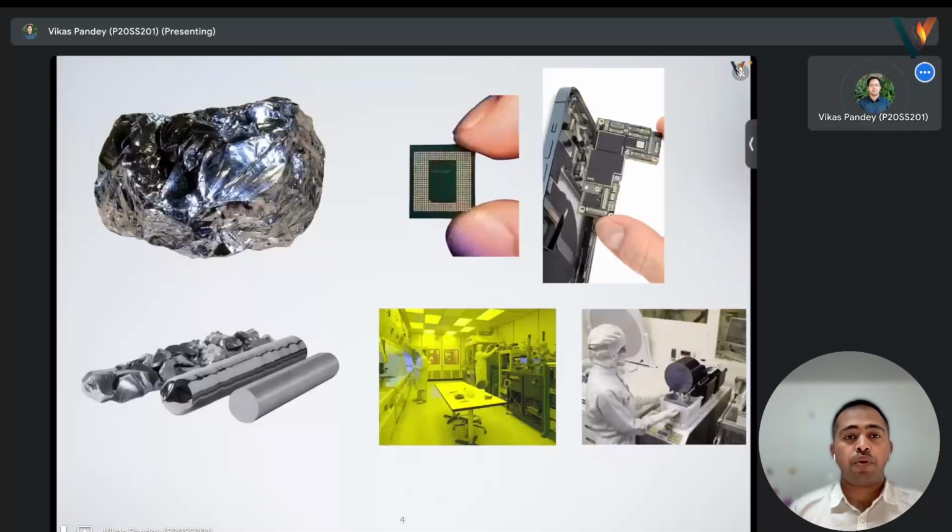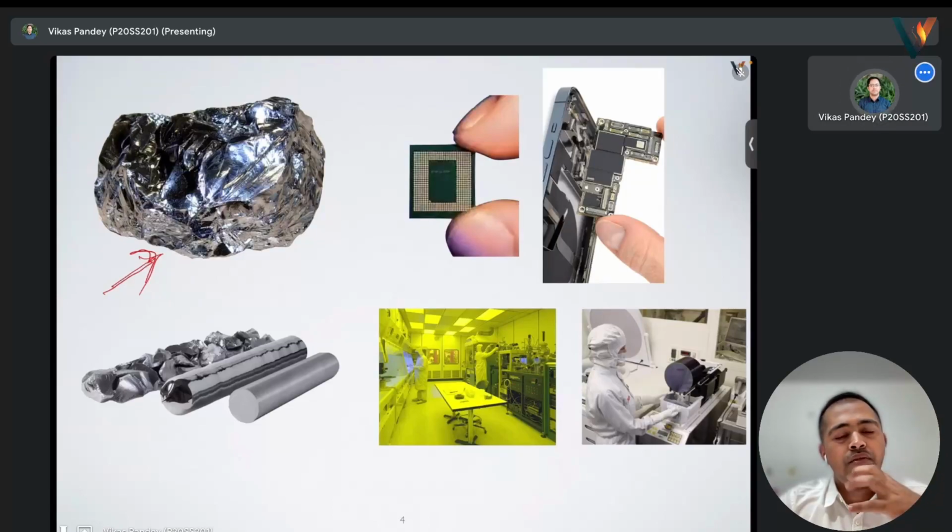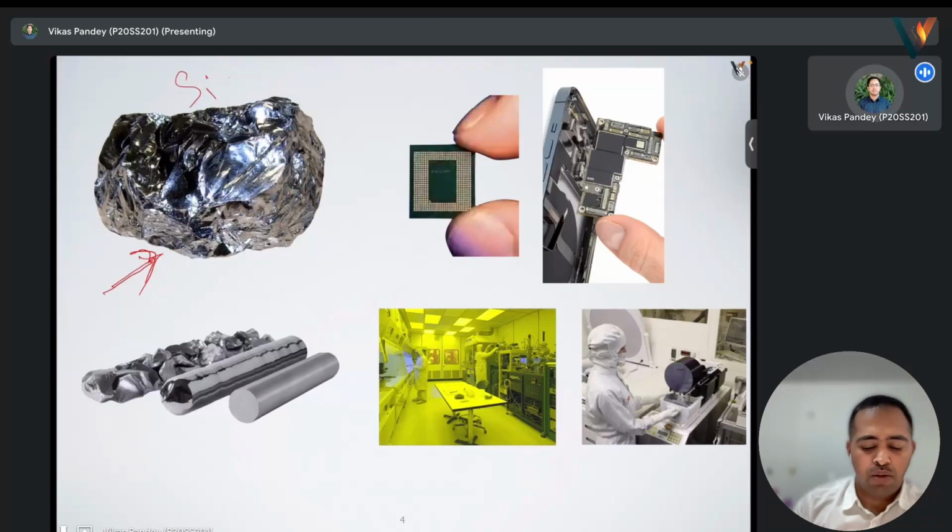So from where does it start? It all starts from silica, a shiny substance that is found along with sand. Its chemical formula is SiO2, same as the sand.